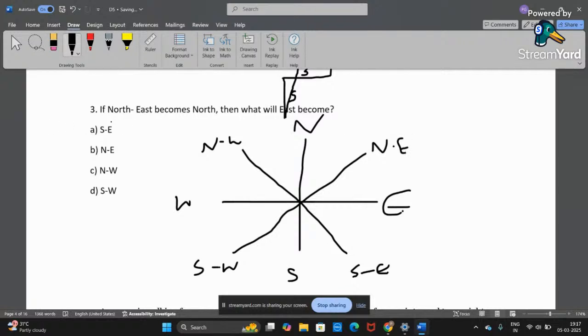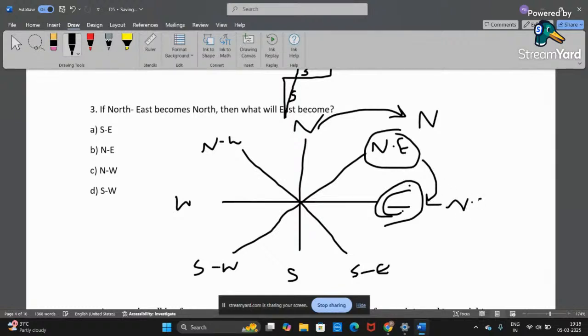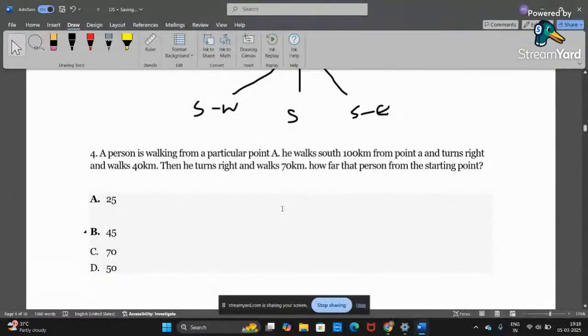Here, what is the question? Northeast becomes north. That means this one is replaced here. Then what will east become? They're asking the question. If this one is replaced by this, then this one will be replaced with this. Northeast. This will be your answer. Now let's move on to the next one.